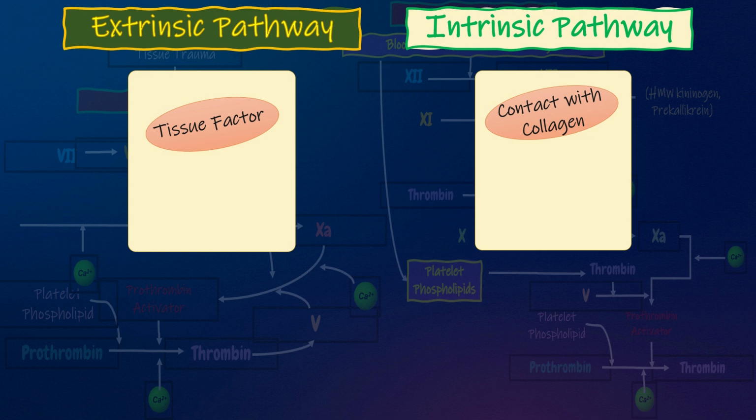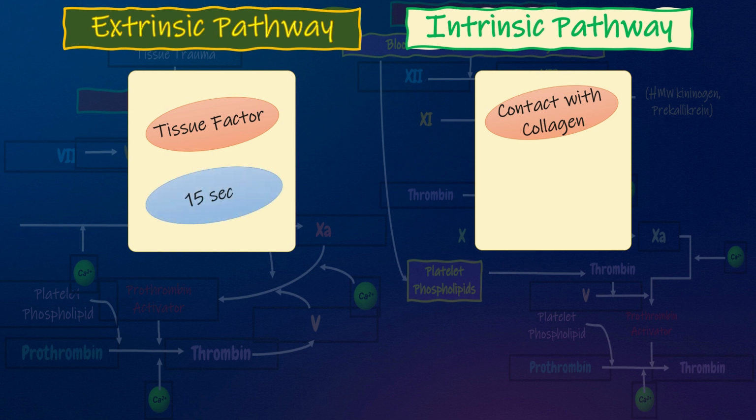An especially important difference between the extrinsic and intrinsic pathways is that the extrinsic pathway can be explosive once initiated. Its speed of completion to the final clot is limited only by the amount of tissue factor released from the traumatized tissues and by the quantities of factors 10, 7, and 5 in the blood.